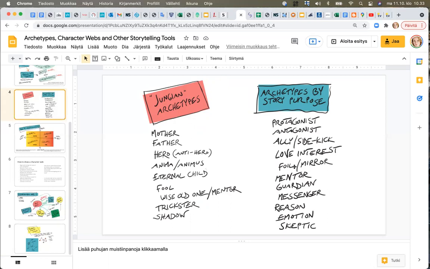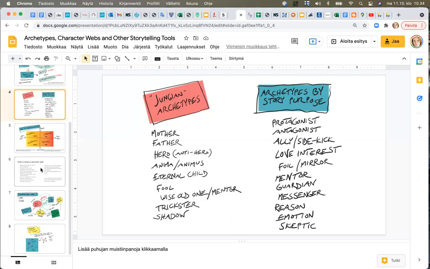We could have also the love interest. These could also overlap sometimes. We have the mentor and a guardian and a messenger, like story function archetypes. And there's the Jungian trio: reason, emotion, and skeptic. Well, not the Jungian, Freudian, sorry. I'm getting mixed up with these myself, it seems.